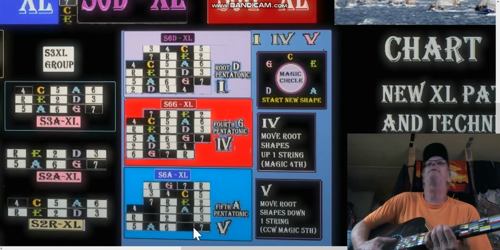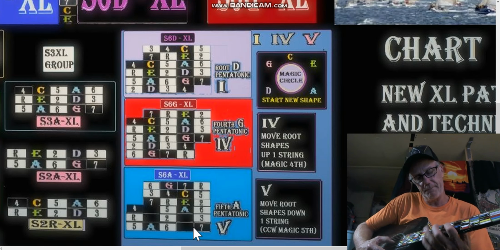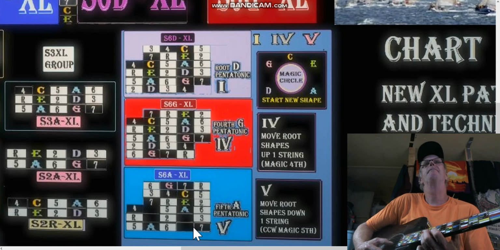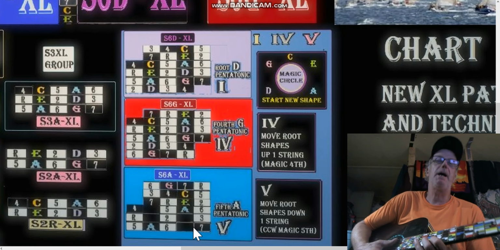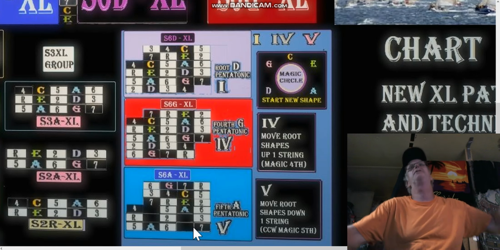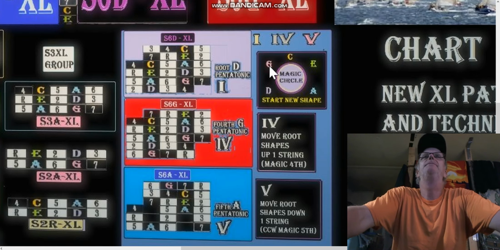But if we start the pattern from the 2nd string, it's going to play differently. Now it's a C pattern, and according to the magic circle, when you go up 1 string from a G pattern, it becomes a C pattern like that.